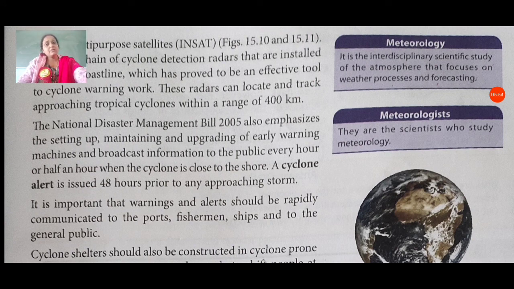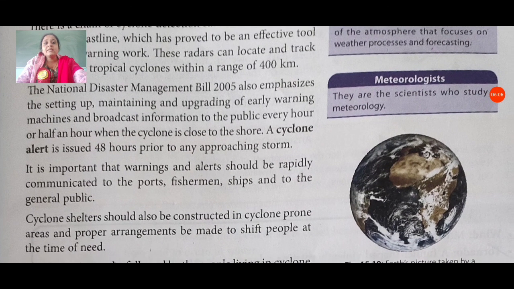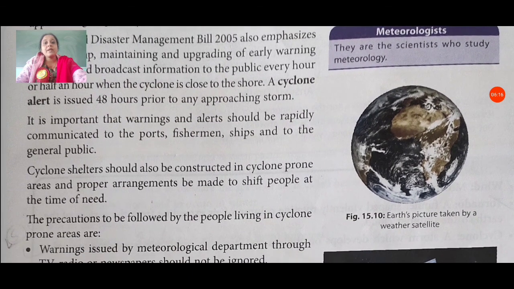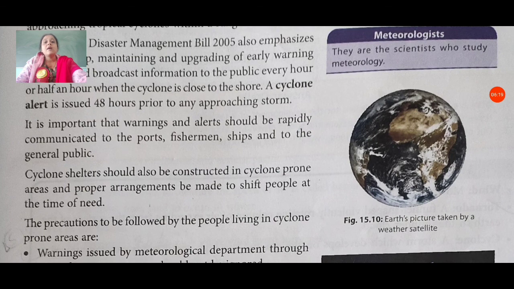The National Disaster Management Authority, 2005, is also doing some work, and because of this they get news of the cyclones. A cyclone alert is issued 48 hours prior to any approaching storm. Because of this satellite we get the news of cyclones and we can protect our belongings.